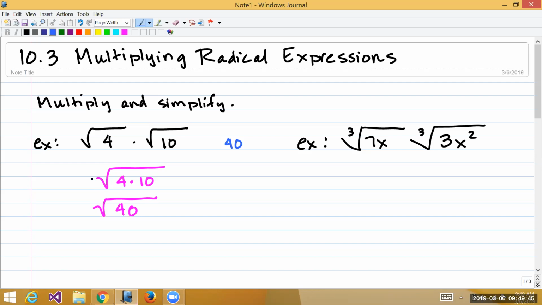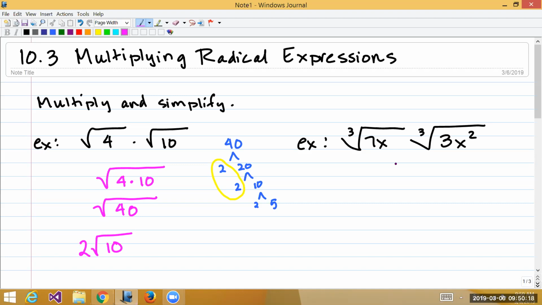In this case, since it's a square root, we're looking for pairs. So let's see, 40 is 2 times 20, 20 is 2 times 10, 10 is 2 times 5. So we're looking for a group of 2. We see that the 2's are a group of 2, so we can pull out a group of 2's, and then whatever is left on the inside, you multiply those factors together. So that would give us 2 times the square root of 10.